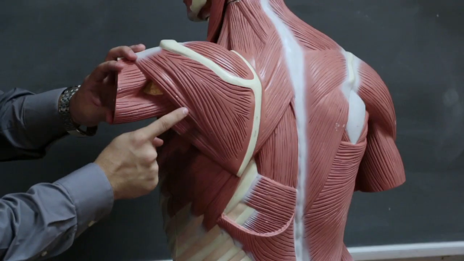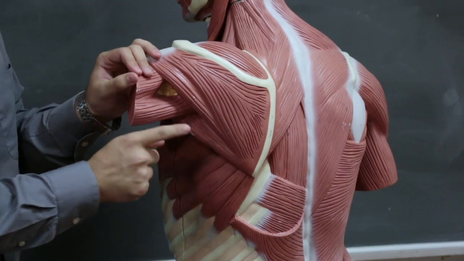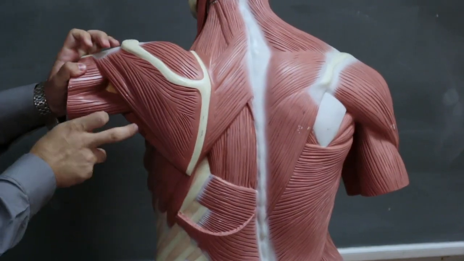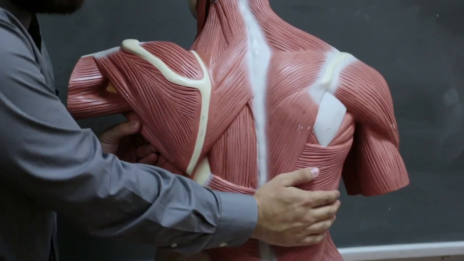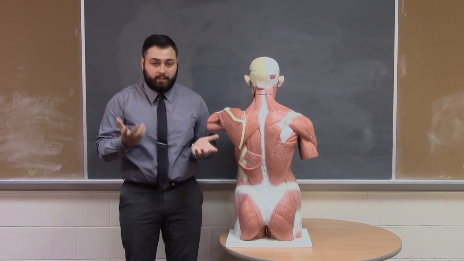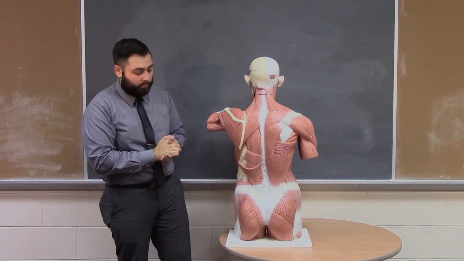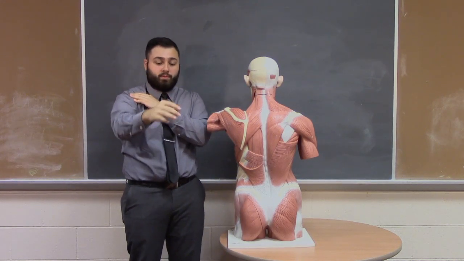Okay? Here, again, teres minor, and on the bottom is teres major. Now, a little break: teres major has the exact same functions as latissimus dorsi. That's why you're going to see your professor saying it's called the little lat, or you've probably heard that before. So teres major, exact same thing as latissimus dorsi.